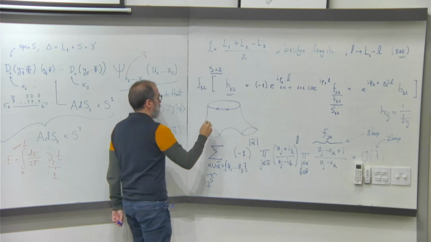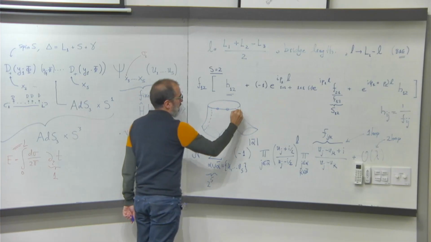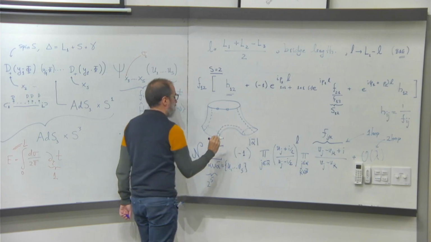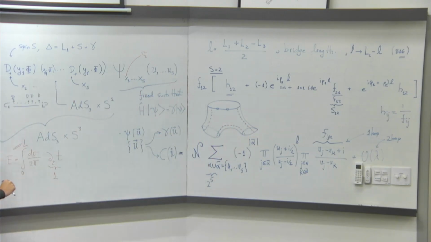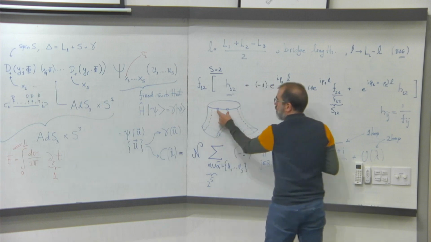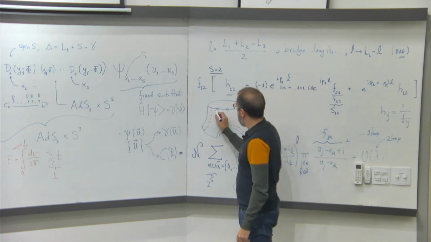And we decided to cut the pair of pants into two hexagons. So we decided to take this diagram and think of it as the triangle inside and the triangle outside. And when you cut this, what happened is that you had two excitations here. And the excitations could end up in the front.